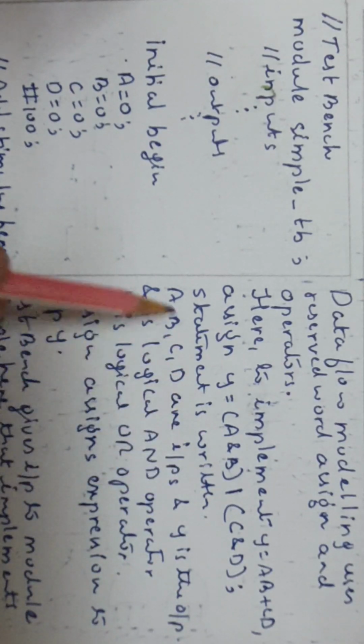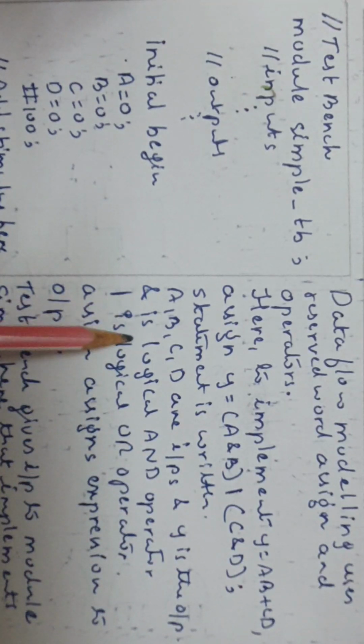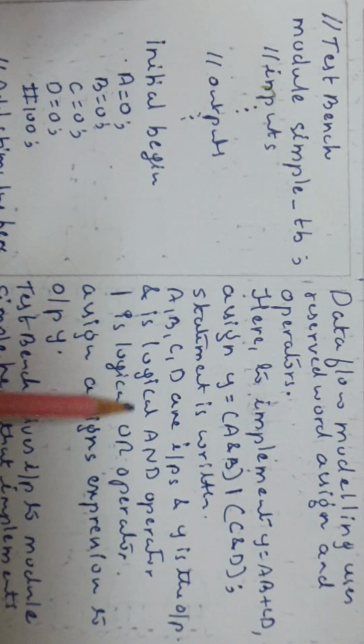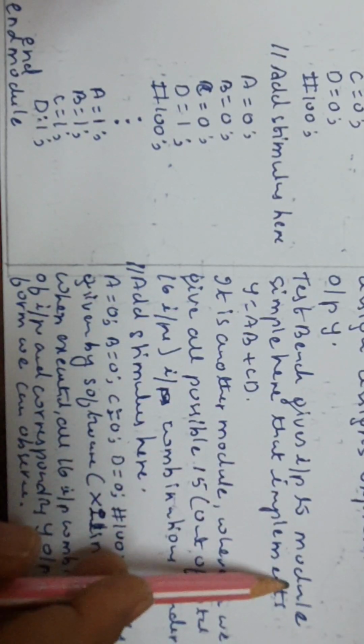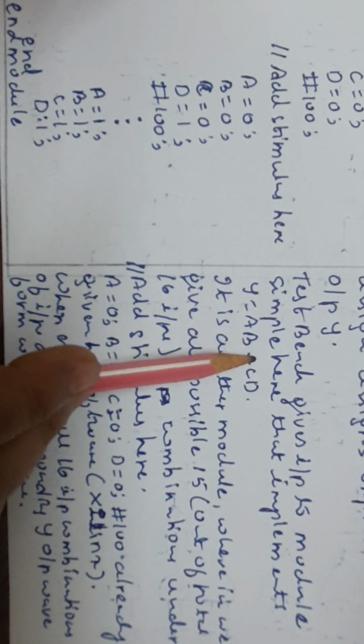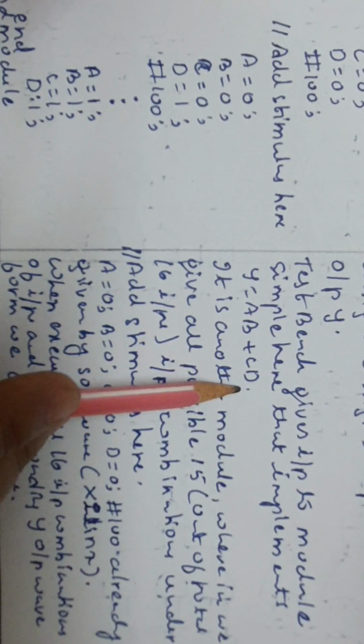This statement is written. A, B, C, D are inputs, y is the output, and ampersand is the logical AND operator. This pipe operator is the logical OR operator. Assign, a reserved word, assigns the expression to output y. The test bench gives input to the module simple circuit, which implements y equal to AB plus CD.